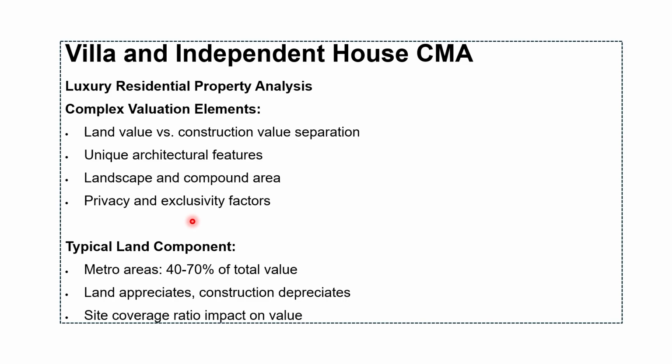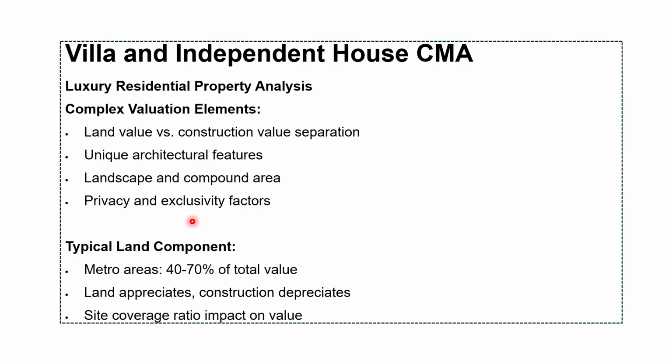So, somebody who wants to buy that villa might not actually be looking for a villa, but might be looking for that area. Then the land appreciates, construction depreciates. So, old villas are in a very bad situation, land has appreciated a lot, building has not much value. And then site coverage ratio also impacts the value.